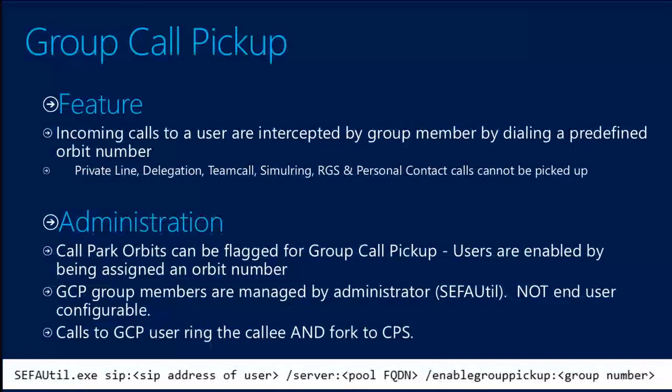The same way we can do with group call pickup. Within the organization, especially the sales team, they do not want any call to go away. If somebody calls and one person in the group is not available, the other one can pick up the call on his behalf, because both are configured for it. This is also a very good feature.